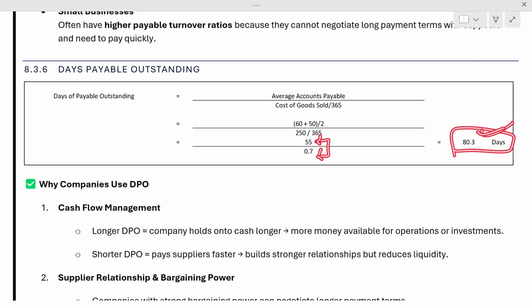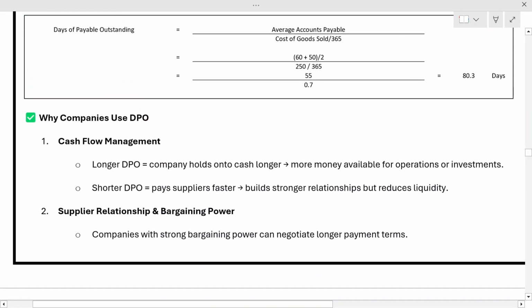Effectively, it is simply saying that whenever we pay our suppliers, we are taking around 80 days to pay them. So this is your days payable outstanding, or DPO, we call it. Now, why is this used? If the days payable outstanding is longer, which means you are paying your suppliers at a later point of time, delayed payment, then the company is holding more cash, so more cash is available for their business operations or investment.